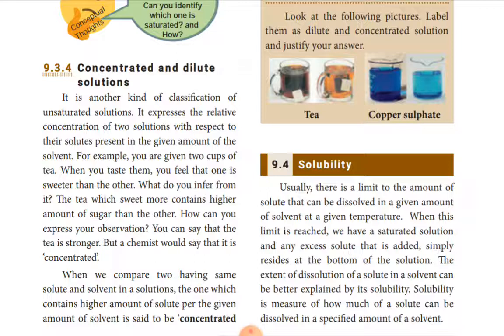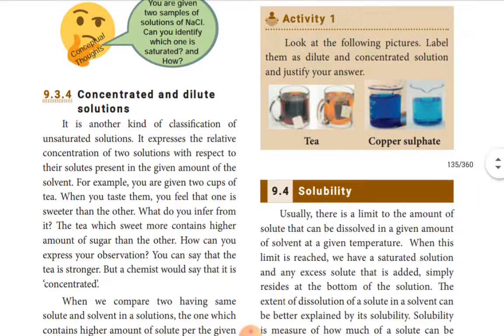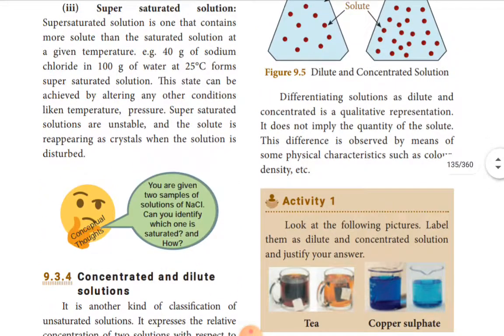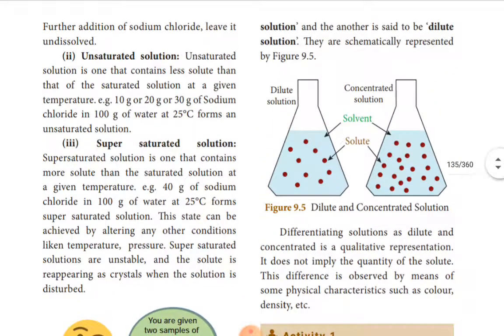The solution which contains a higher amount of solid for the given amount of solvent is called concentrated, and the one which contains less solid in the given amount of solvent is called a dilute solution. So you have to understand this clearly.